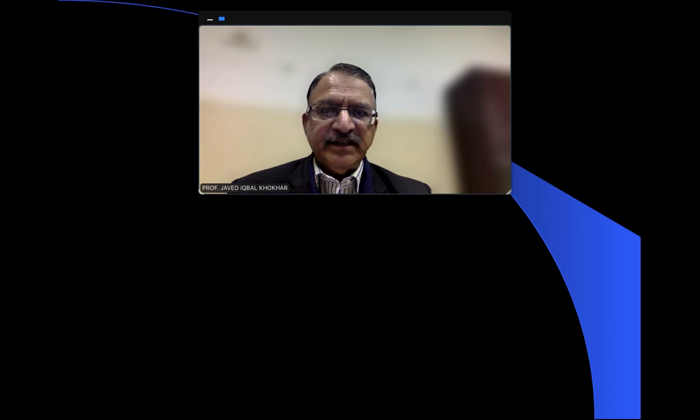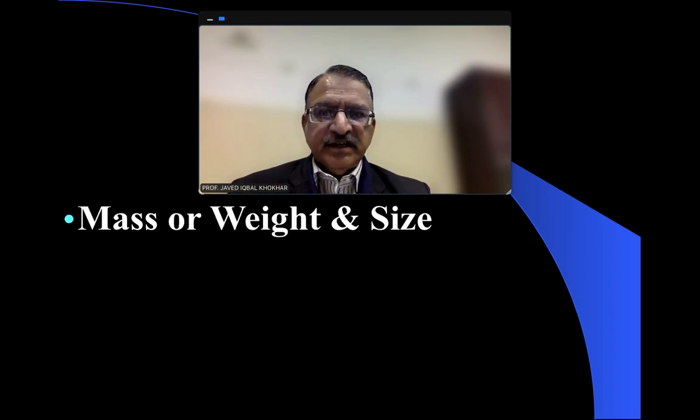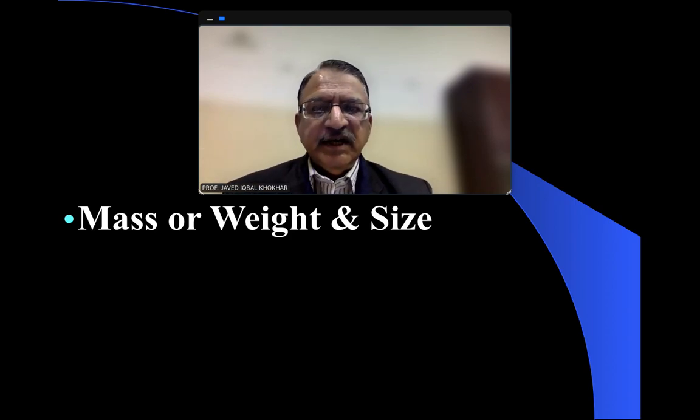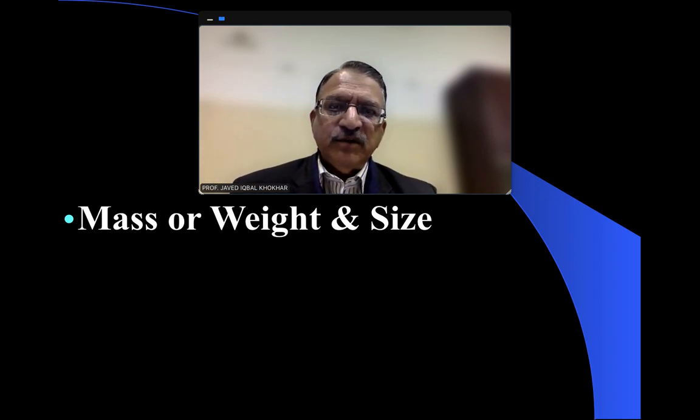So those are the intrinsic factors responsible for the change in appearance, like weight, mass or size, small size, large size, small weight, heavy weight. Variation in weight will cause a difference in the amount of trauma. Similarly, the weight and size.